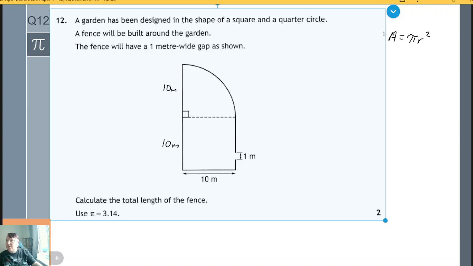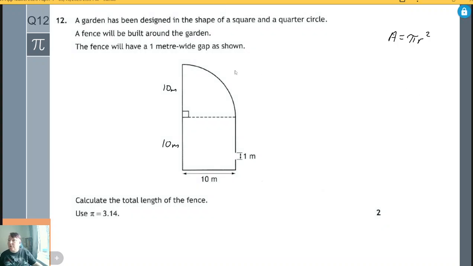We have got pi as 3.14 and we've got our 10 squared, which is 100. So we have got the area of a full circle, not the quarter circle, remember. So the area of the full circle is going to be 314.